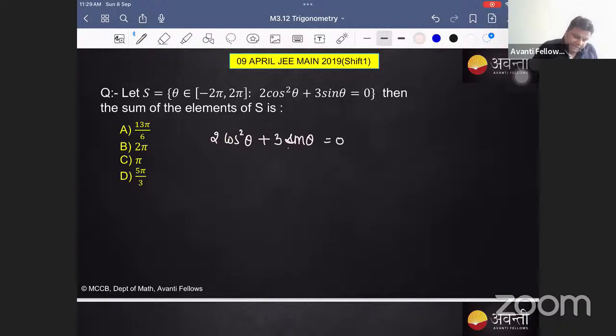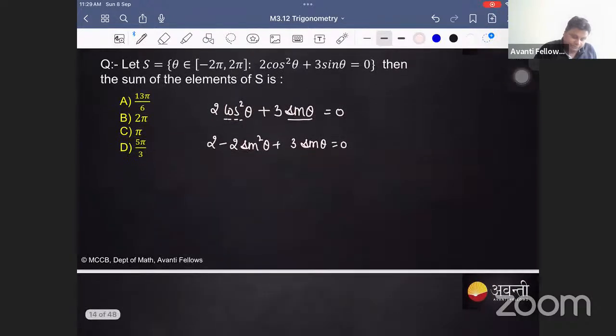So see, there is a sin theta. I can also change this cos square theta as 1 minus sin square theta. So it will be 2 minus 2 sin square theta plus 3 sin theta equals to 0. So it is 2 sin square theta minus 3 sin theta minus 2 equals to 0. Now factorization we all are aware of.